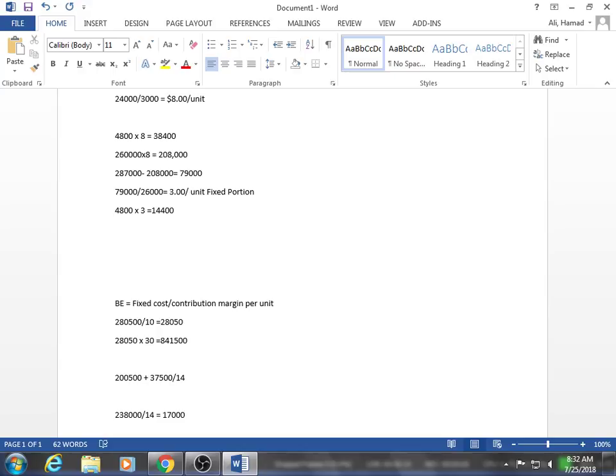So if you say 0, 100, 200, it has to pass when you put your costs. If these are units produced and these are your costs, I'm going to start with 15 so I can have that 238.